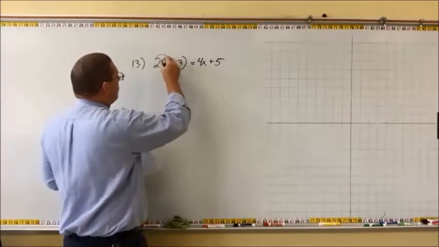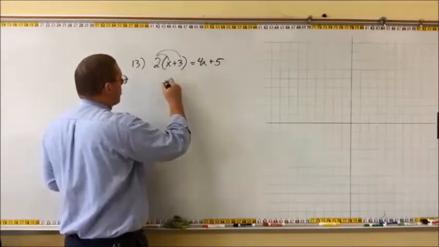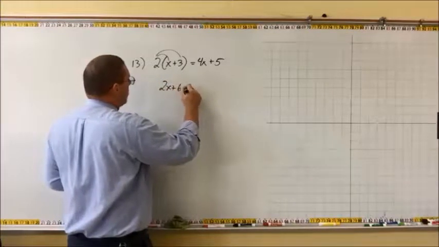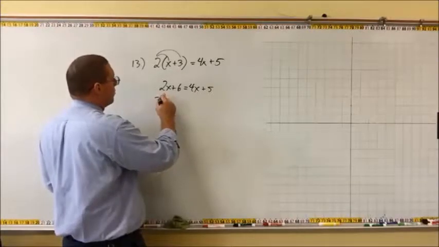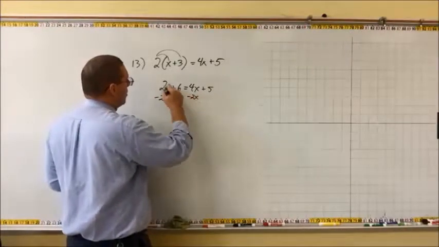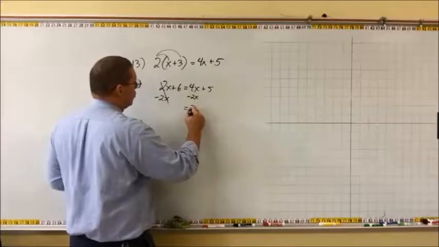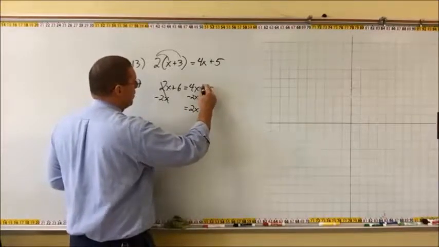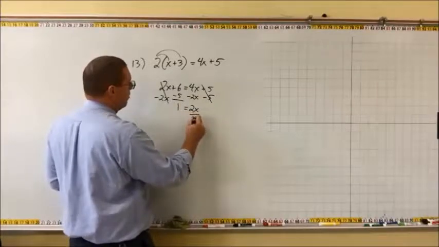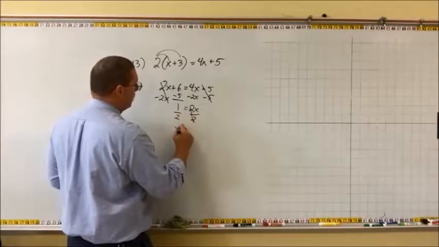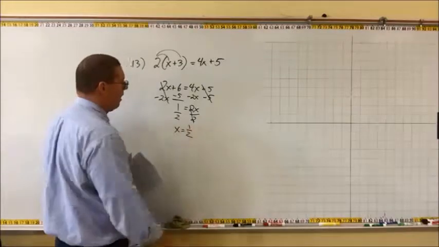We got to distribute the 2. 2 times x, 2 times 3, so we get 2x plus 6 equals 4x plus 5. Then we're going to subtract 2x here, subtract 2x here, and that gives us 2x. Subtract 5 here, subtract 5 here, and we get 1. Divide by 2, and we get x equals 1/2.